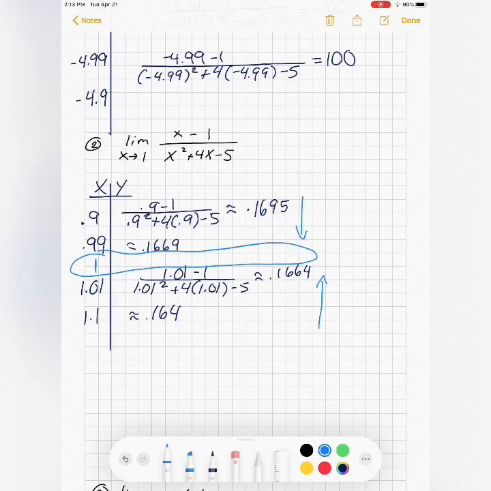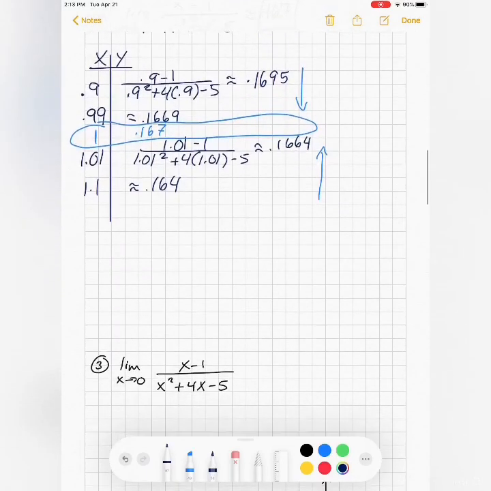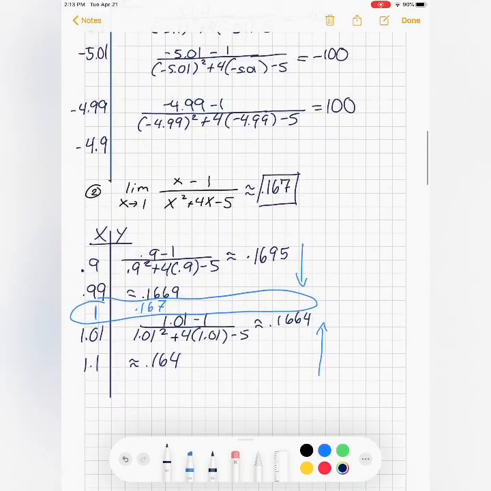Maybe like 0.167 or so. So we'll call that limit 0.167. But I kind of have to estimate. I can't be as precise as I would like to be there. Okay, it looks like that limit does exist.